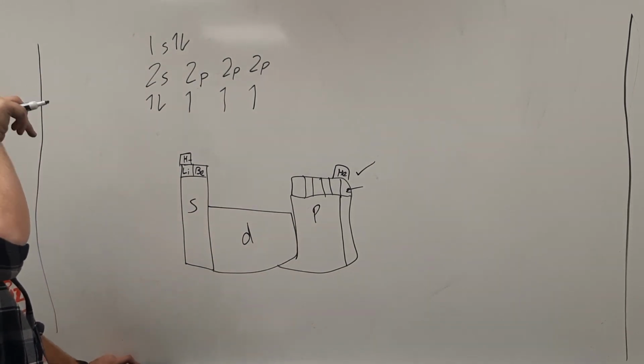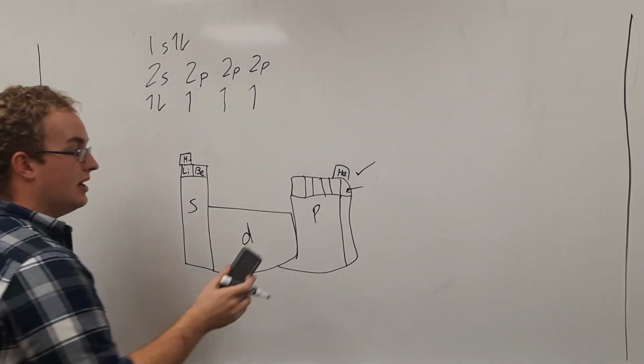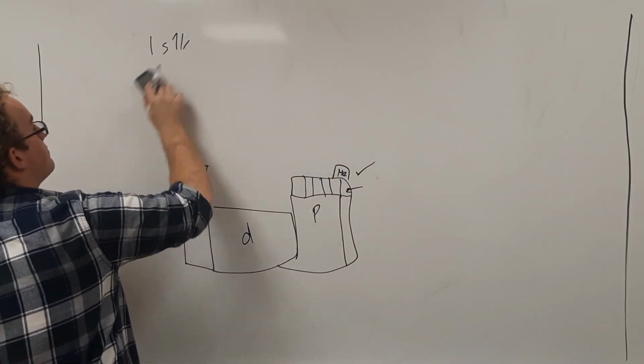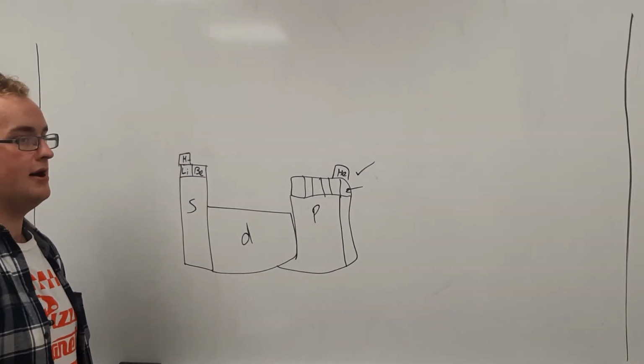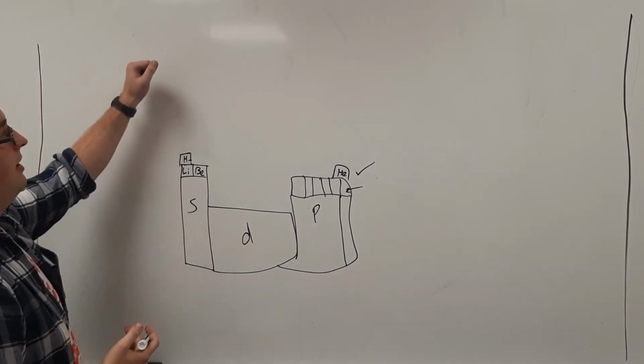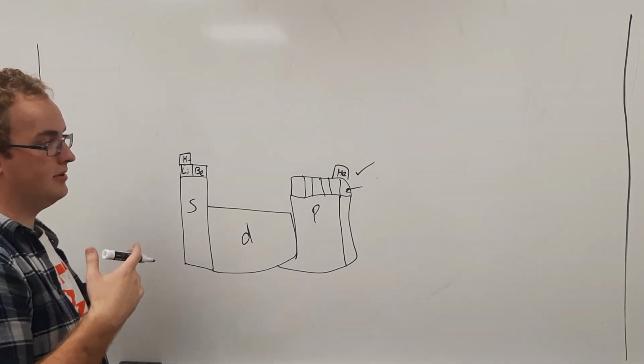So, now that we've finally established that, we can go on and do a little bit about electron configurations. Electron configurations is where you just represent an element by showing those orbitals and showing how many of them are filled and so on.